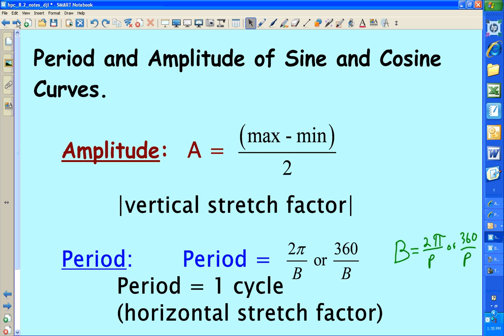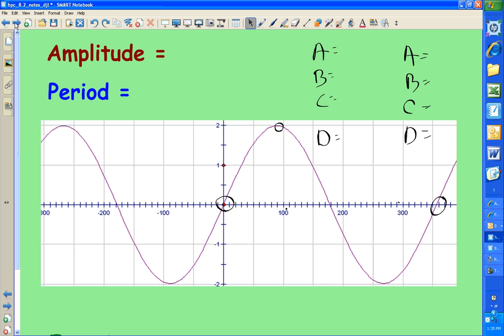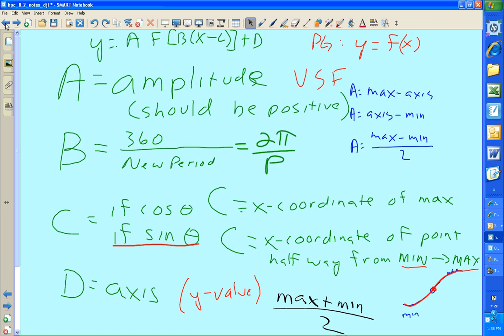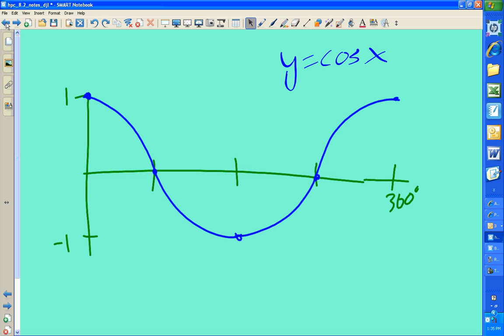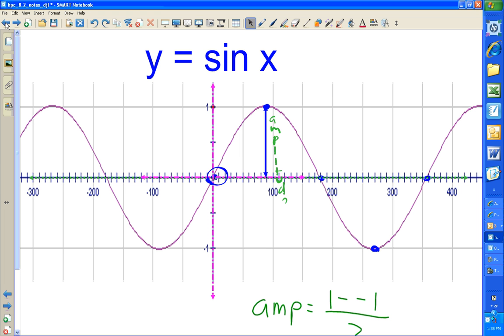When you look on the graph, your amplitude is the distance between the maximum and the axis, or the minimum and the axis. So either of these is considered amplitude. The amplitude is this distance, or it's this distance, but because it's a distance, it can't be negative.